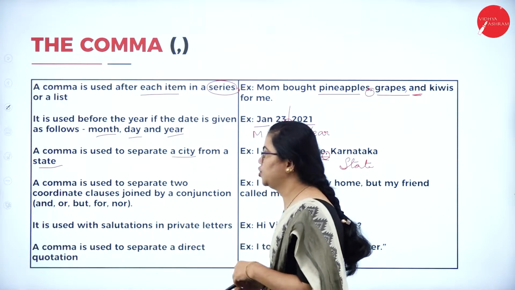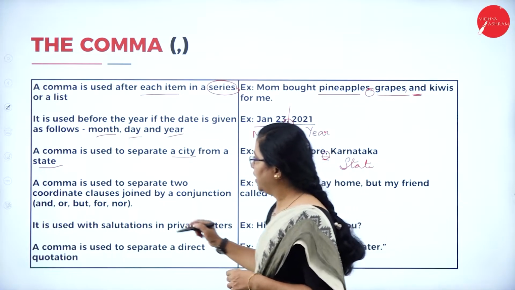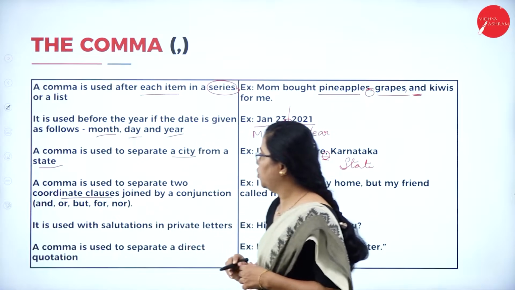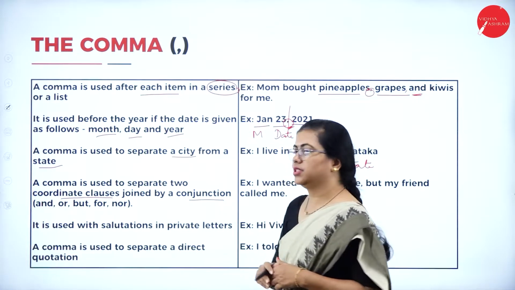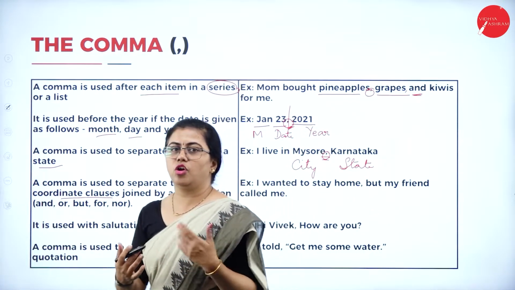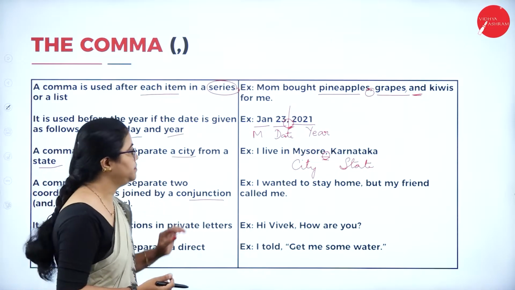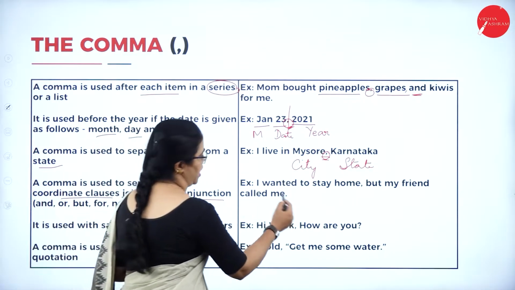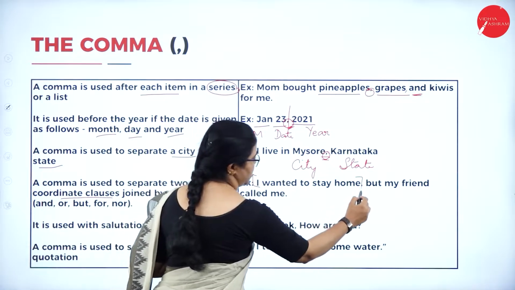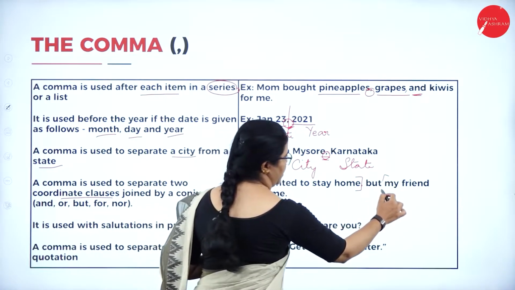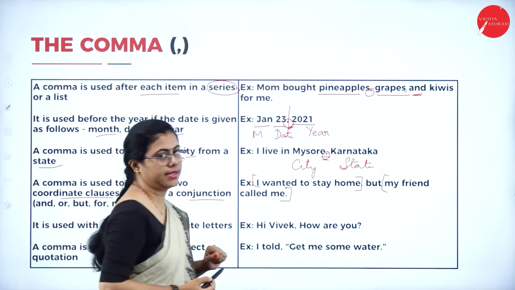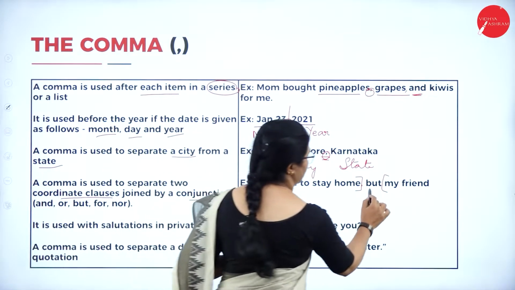Next, a comma is used to separate coordinate clauses joined by a conjunction. What is a clause? It is a group of words that has a verb in it. Here you can say, I wanted to stay home. This is one sentence. My friend called me. This is another sentence. But in between you have used a conjunction.